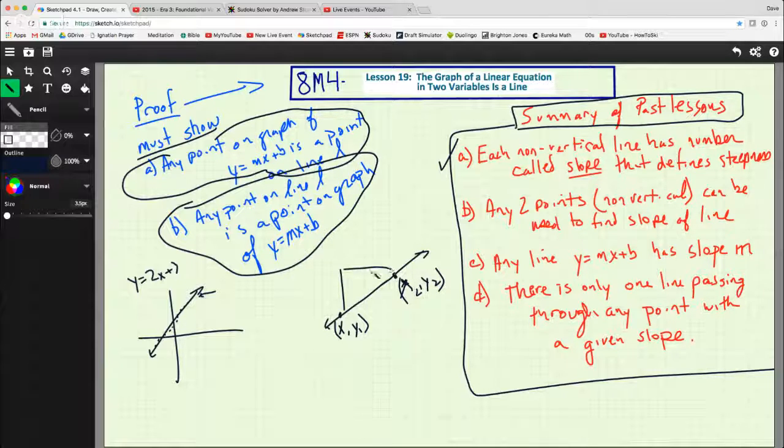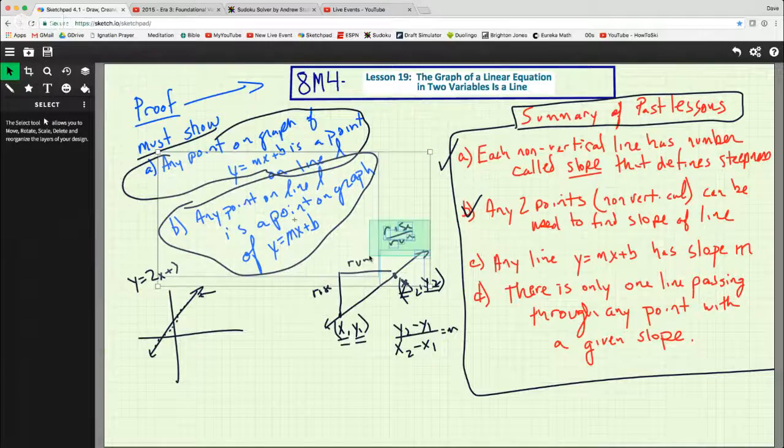We can calculate the slope by doing rise over run. The rise is the difference in the y coordinates, y2 minus y1, over the run, which is the difference in the x coordinates, x2 minus x1. And that's going to be our slope. So any 2 points can be used to find the slope of a line.